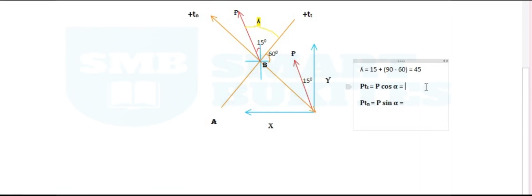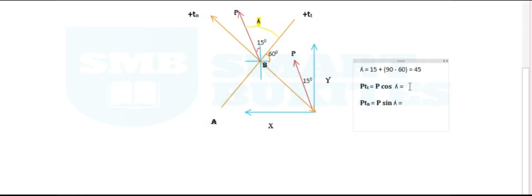So to find our PTT, we are going to simply say P cos 45 degrees, and to find our PTN, we're going to say P sine 45 degrees. Sorry, this is lambda. So yeah, we have P cos lambda and P sine lambda.